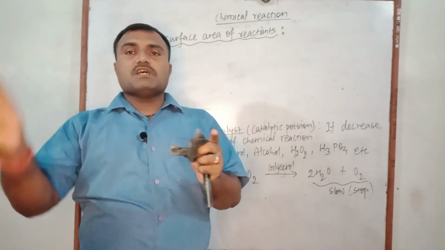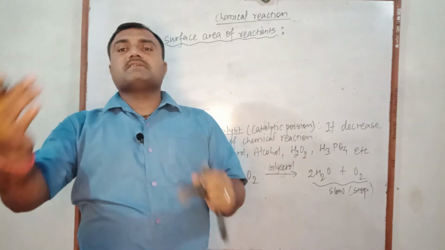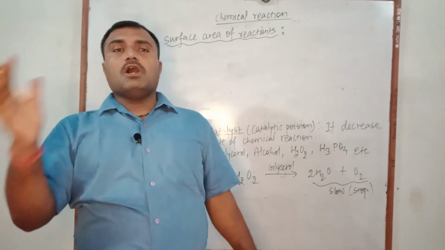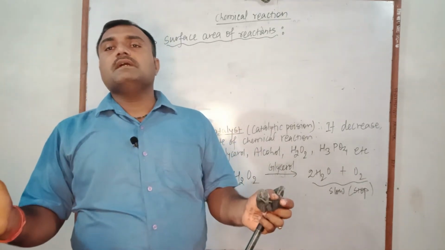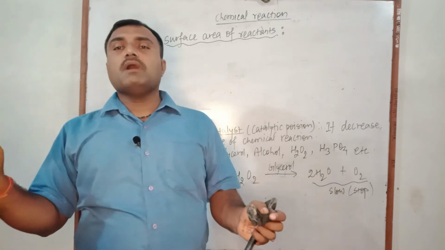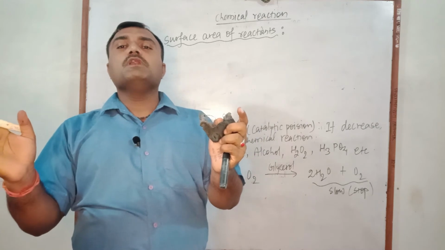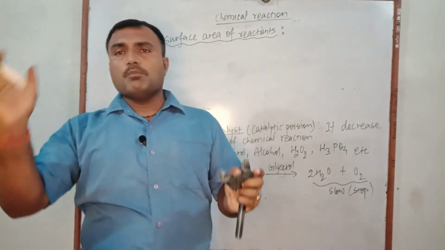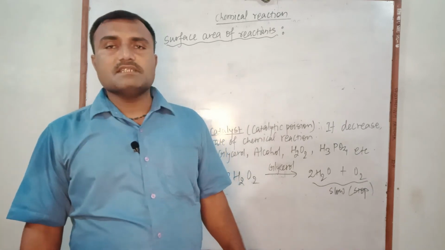When more surface area of reactants reacts, it gives more product, or when less surface area takes part in a chemical reaction, it gives less product. Why? Because by increasing surface area of reactant molecules, the number of molecules which take part in chemical reaction increases.